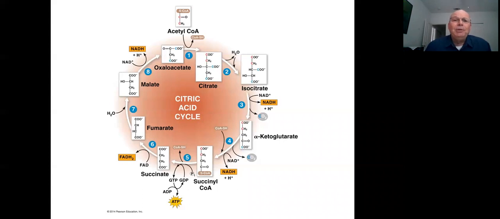So sitting at the top here, we have the acetyl-CoA group. Remember, it's got 2 carbons in it. As we follow around the diagram, notice that 2 carbon dioxides come out. Well, that's the loss of 2 carbons, which is the equivalent of the 2 carbons in the acetyl group. And if this is a cycle, and it is, whatever we take out, we have to replace.